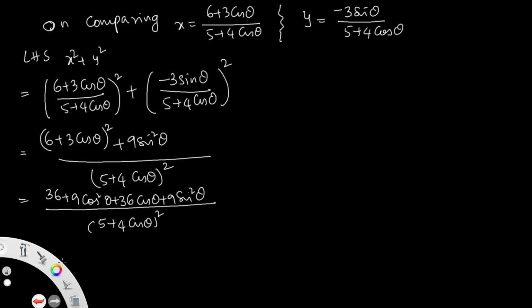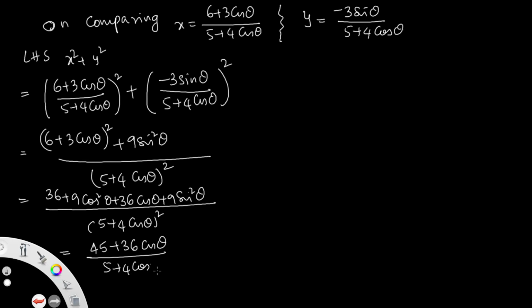The 9 cos² θ and 9 sin² θ become 9, why? Because cos² θ + sin² θ = 1. 36 plus 9 is 45, so 45 + 36 cos θ divided by (5 + 4 cos θ)².